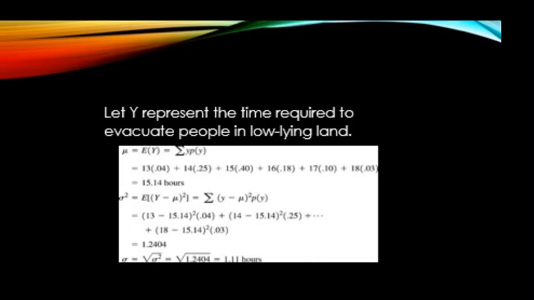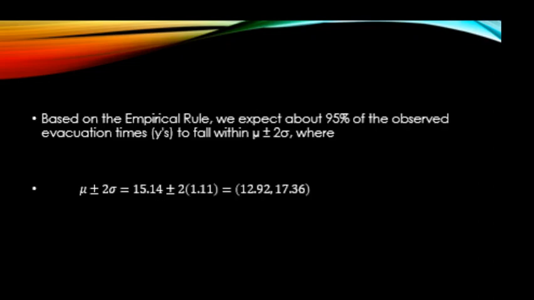So 13 minus 15.14 whole squared times 0.04 plus 14 minus 15.14, and so on and so forth for all values of y. That gives us a variance of 1.2404 and a standard deviation, which is the square root of 1.2404, 1.11 hours. So the mean is 15.14 hours. Standard deviation is 1.11 hours.